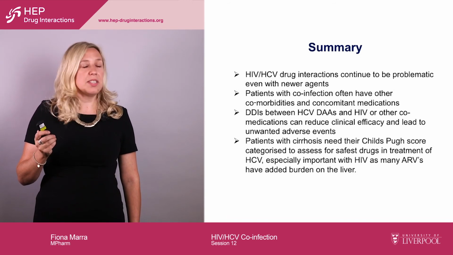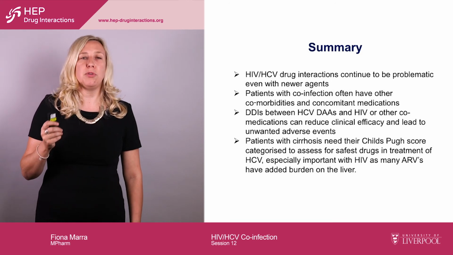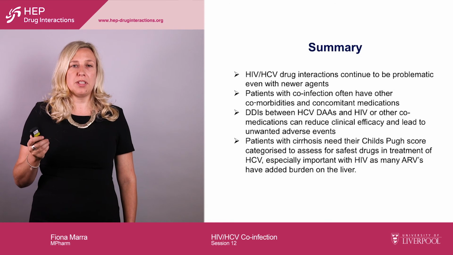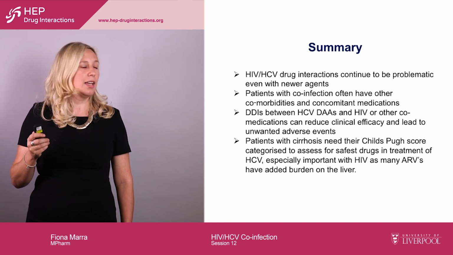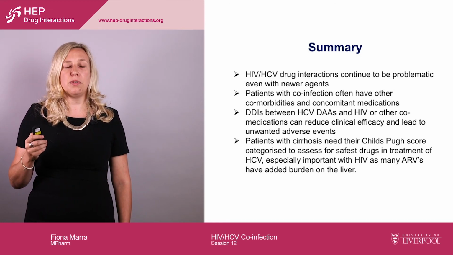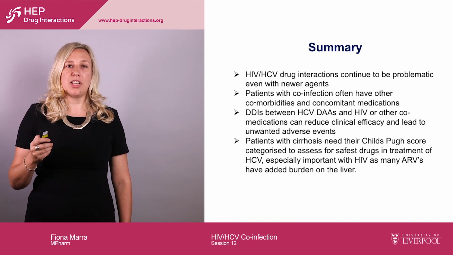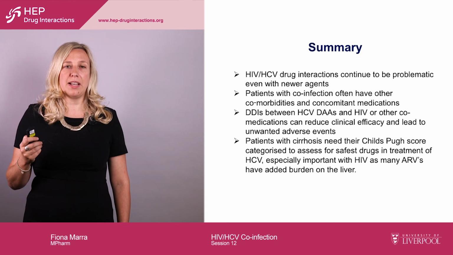And patients with cirrhosis need their Child-Pugh score assessed to allow for the safest drugs to be chosen for the treatment of hepatitis C, particularly in the setting of co-infection, because of the added burden to the liver with the HIV and the addition of the hepatitis C drugs.